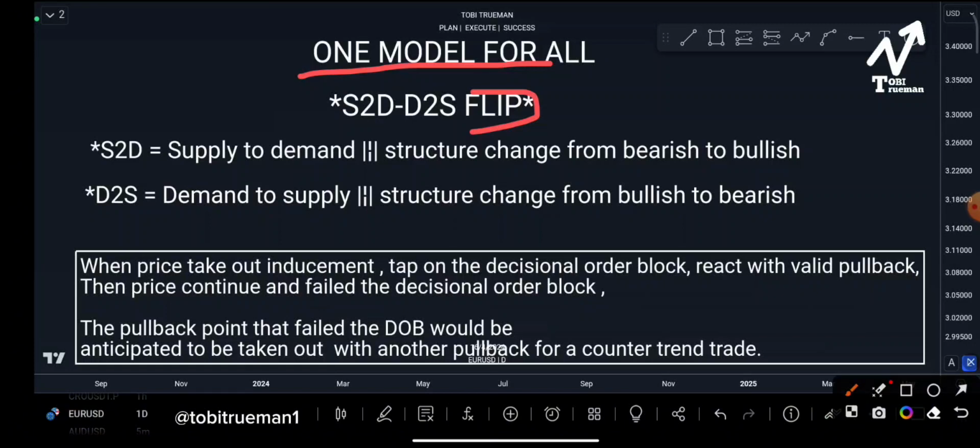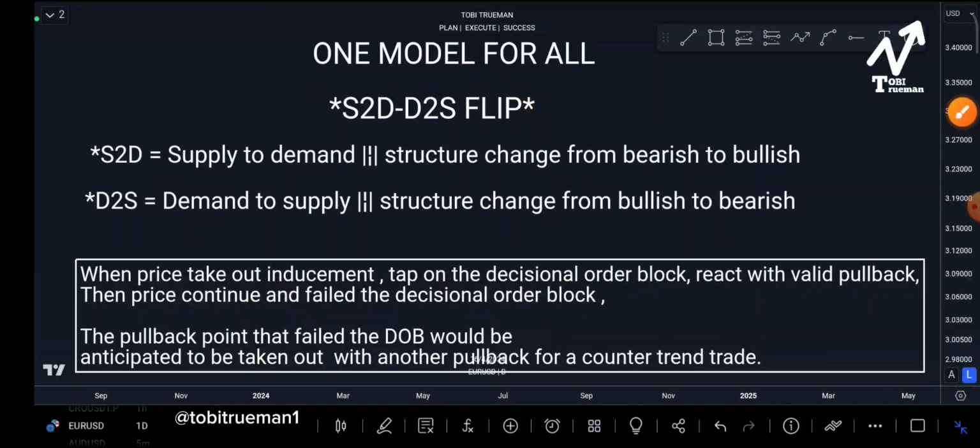And I promise you, before you take 10 to 20 trades, you can calculate your success ratio and know where you are, and it is very guaranteed that you will be very successful. All you have to do is wait patiently for this model to appear, and then you move along with it.